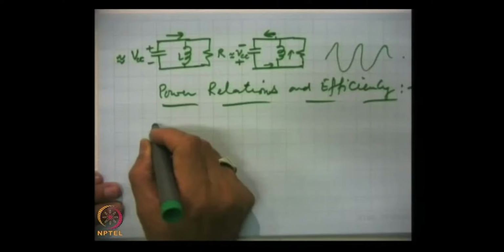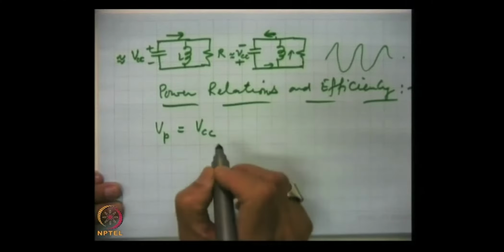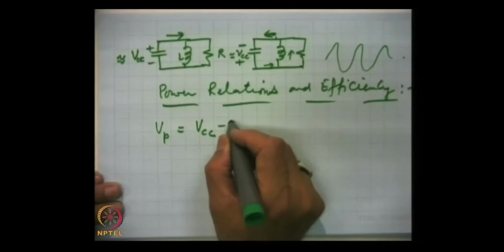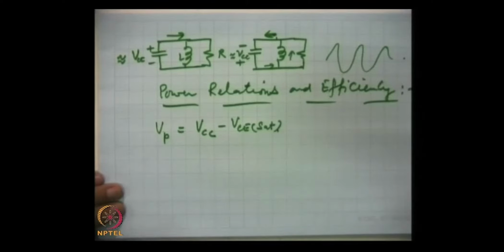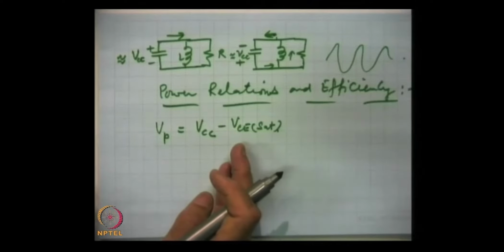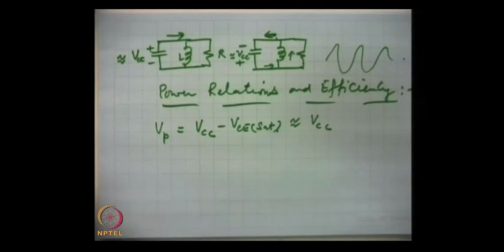When no signal is present, it is totally off, and the sinusoidal output of the amplifier has a peak voltage Vp, which will be close to VCC, actually VCC minus VCE saturation. The saturation voltage is a fraction of a volt, and so this is very close to VCC. This is the peak voltage of the output of the amplifier.